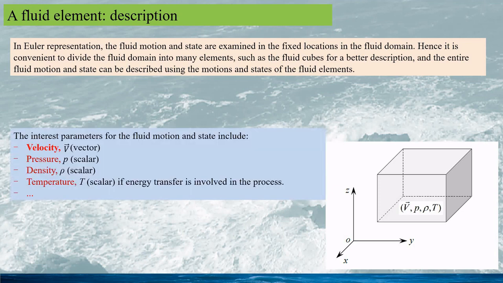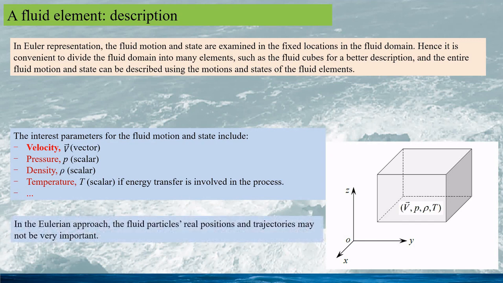In the Eulerian approach, the parameters of interest for fluid motion and state include fluid velocity vector, pressure, density, temperature, etc. While in the Eulerian approach, the actual position of the fluid particles might not be very important in many practical applications.